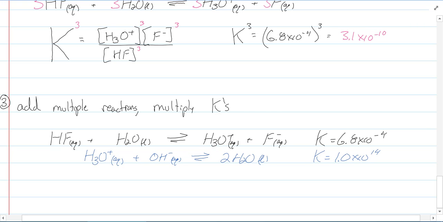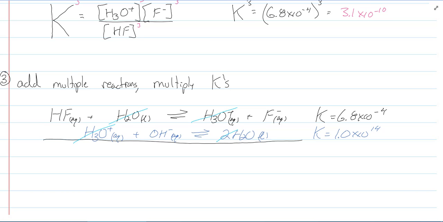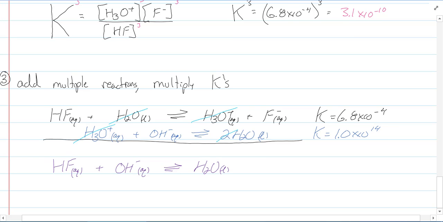Well, that would be a very large K. 10 to the 12th pennies would be amazing. You'd be the richest person alive. So that's a really big K. If we add these two reactions up, well, what happens? If you notice, hydronium is gone. One of the waters is gone. And so we get a new reaction, HF plus hydroxide going to water and fluoride.